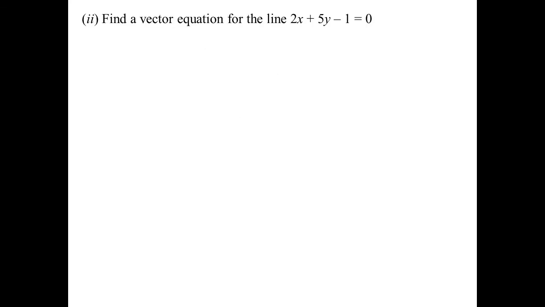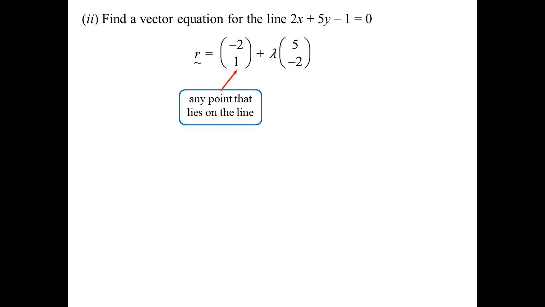So what would the vector equation be for this particular line? Again, I can now just write it down, because I can pick any point I like on the line to be that first vector. So I've chosen (-2, 1). Then it's going to be a scalar multiple of the direction vector. The slope of that line is -2/5.